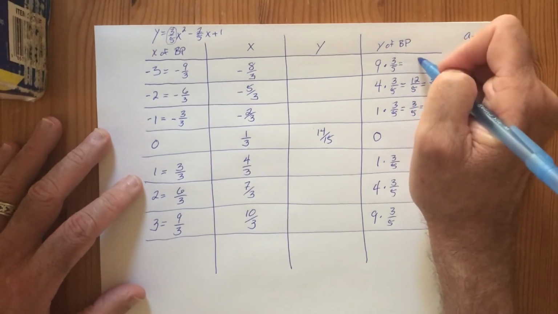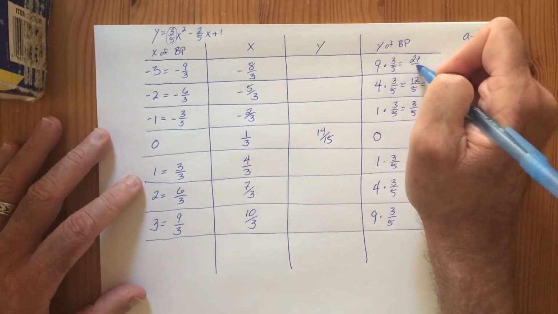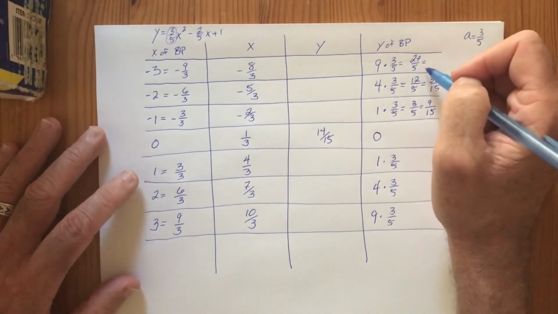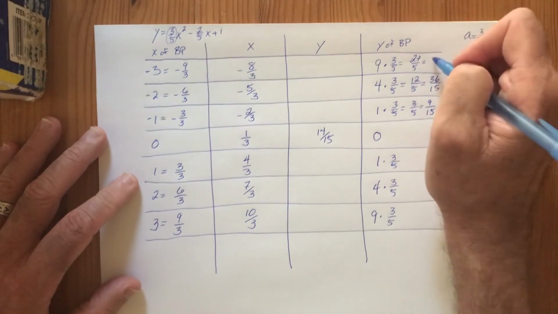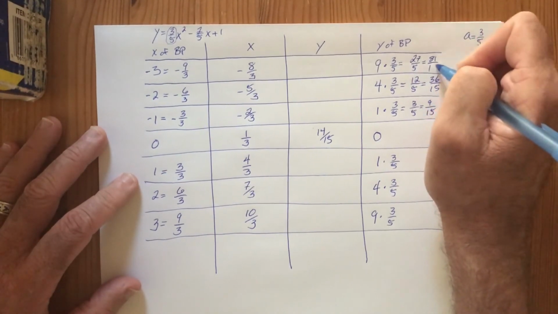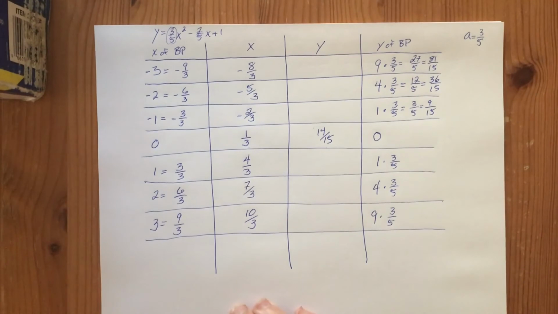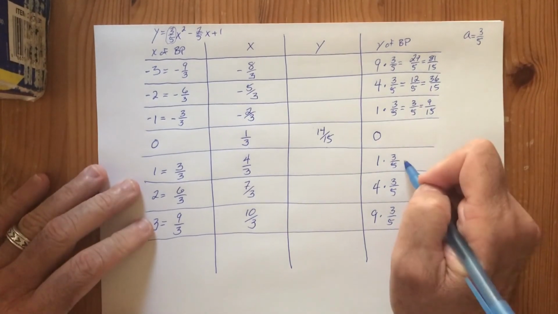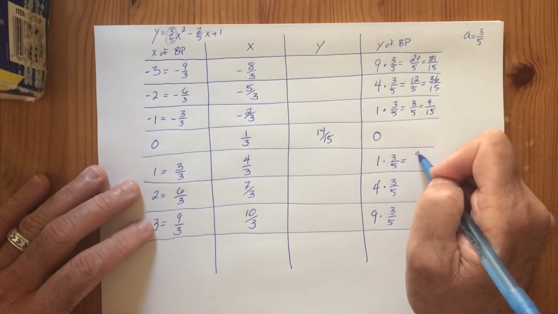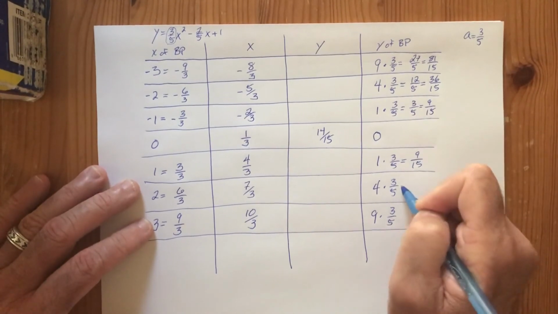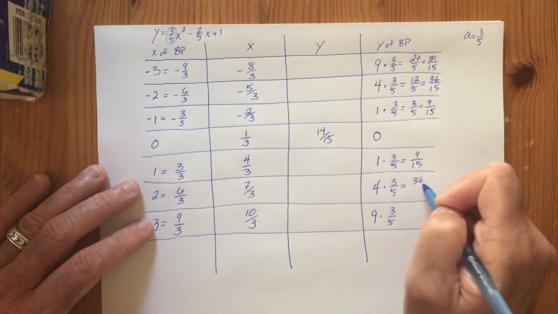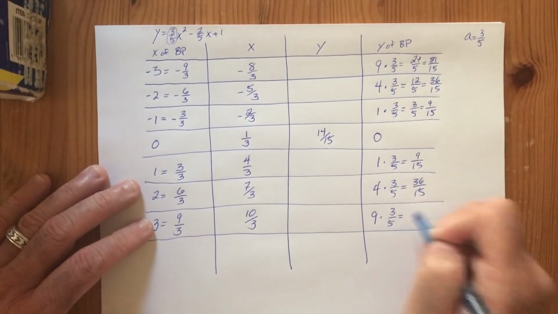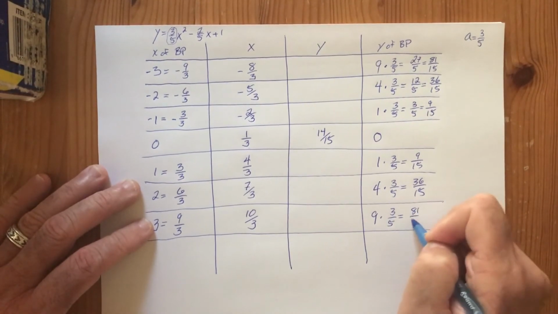And the last one is 27 over 5, which is 81 over 15. We get those same values going this way: 9 over 15, 36 over 15, 81 over 15.